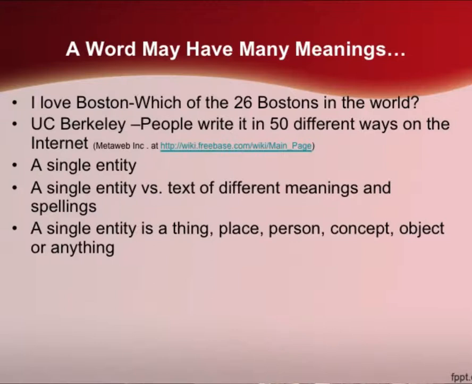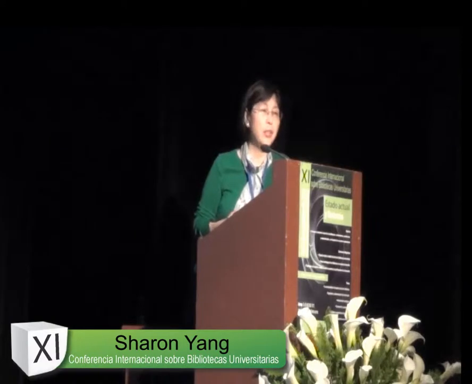When we talk about a single entity, then we realize we can probably use a resource to represent an entity. Because entities and text have different meanings and also different spellings, it's hard for machines to distinguish. But if you have a resource, then the machine can tell the difference. So that's why we use URI. Each URI represents a resource on the web, an identity.